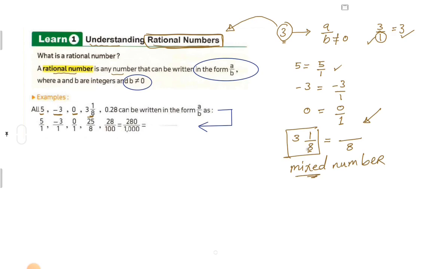We said that 8 times 3 plus 1. 8 times 3 equals 24, plus 1 equals 25 over 8. So now I converted the mixed number to a fraction a over b. So this mixed number is a rational number.